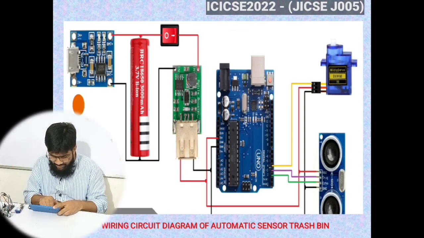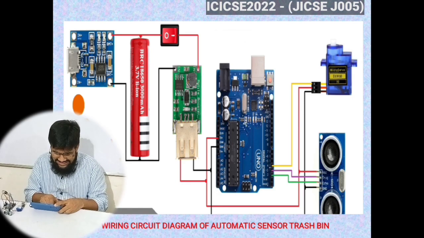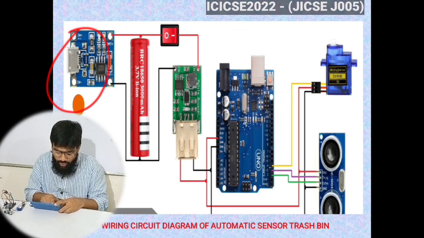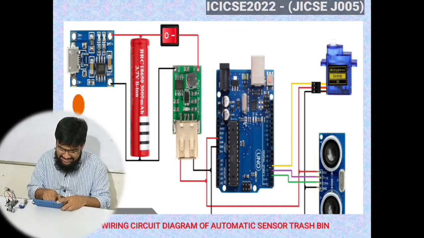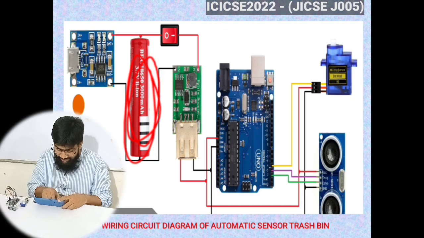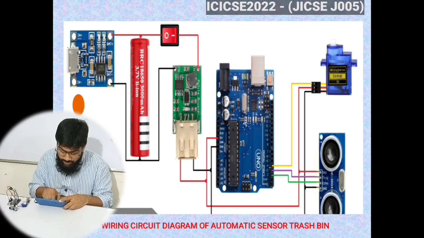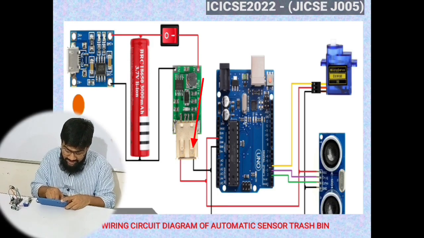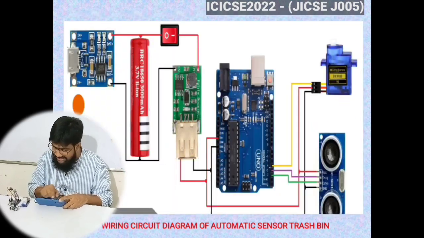The very first thing you can check here, as you can see with the yellow mark, is a charger module for your rechargeable battery, which is 3.7 volt. It's just charging this rechargeable battery. From here the DC wire positive and DC wire negative are given to the voltage booster circuit. Why are we placing this voltage booster circuit? Because the rechargeable battery is 3.7 volt, but the Arduino microcontroller requires 5 volt, and the ultrasonic sensor we are using here is also 5 volt.